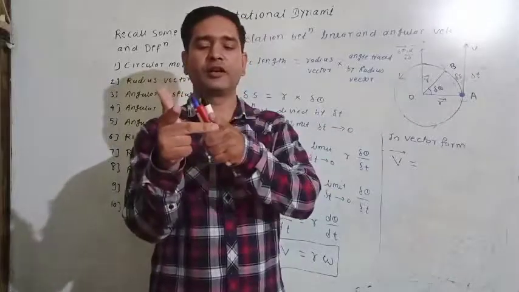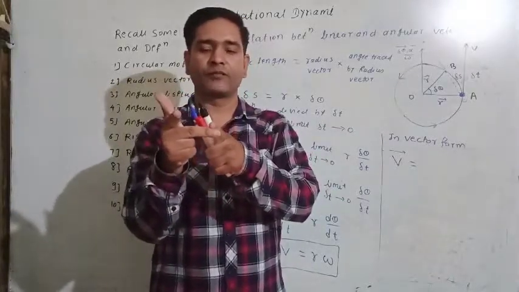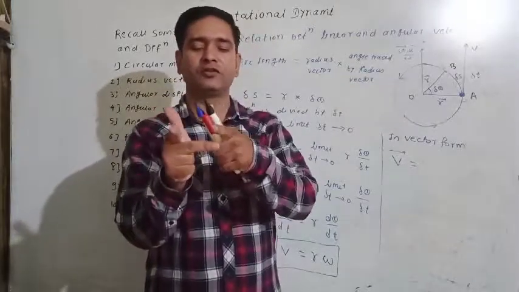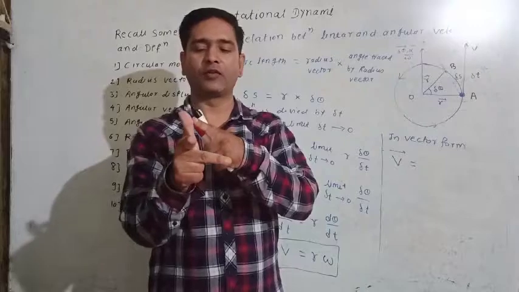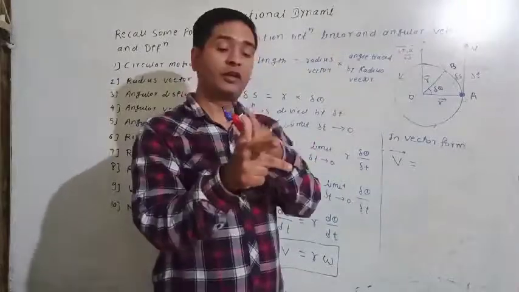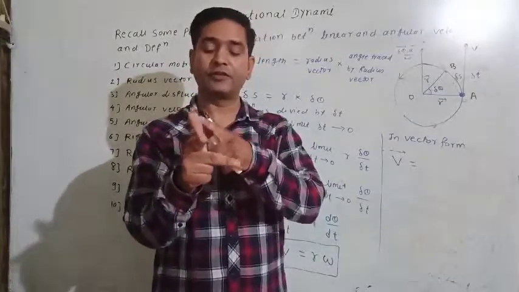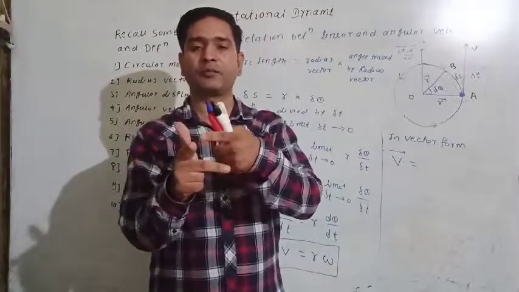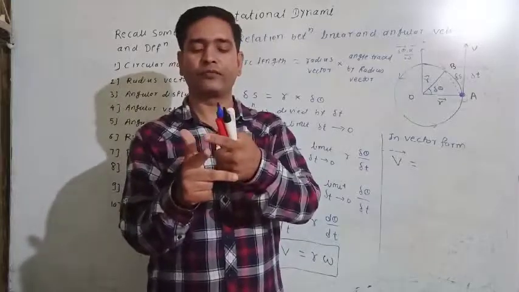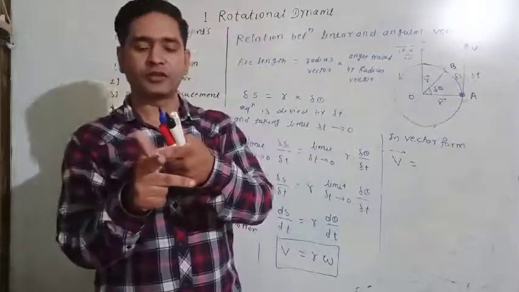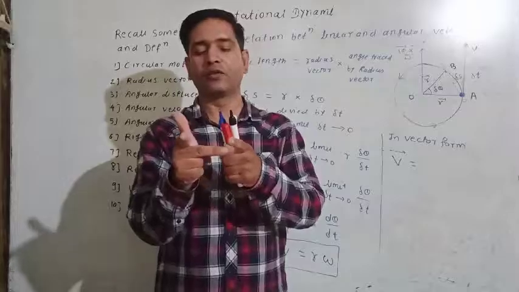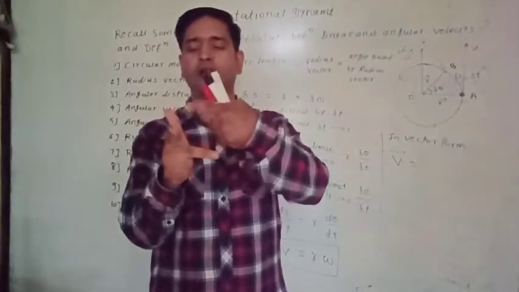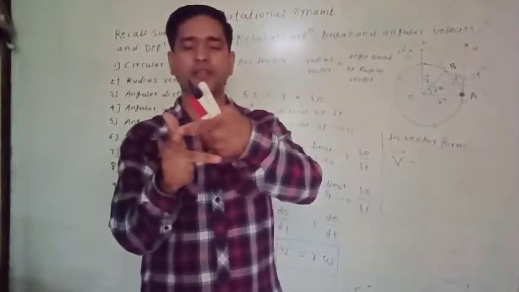Here is the linear velocity, because it is along the circumference, then the angular velocity, and this is the radius vector.